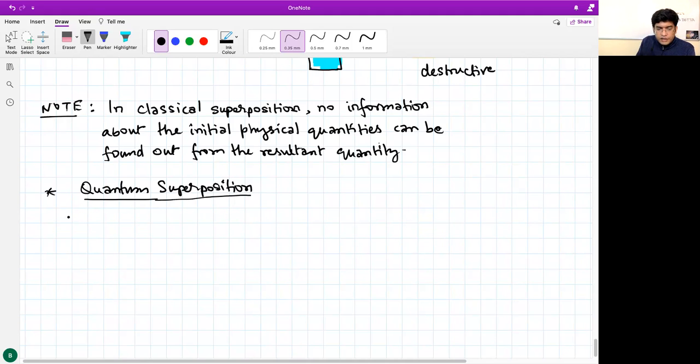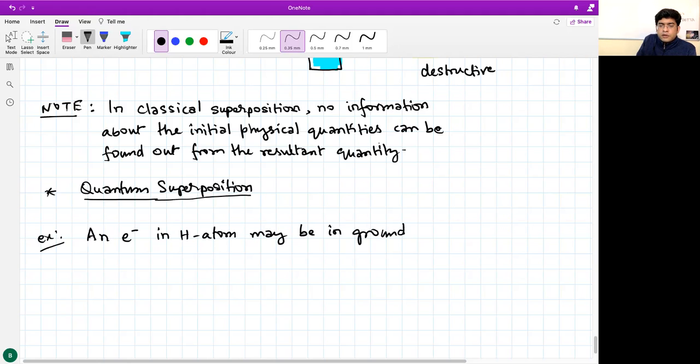Now, in quantum superposition, let's see what it is. Example: let's take an electron in a hydrogen atom. The electron in an H atom may be in the ground state or the first excited state.